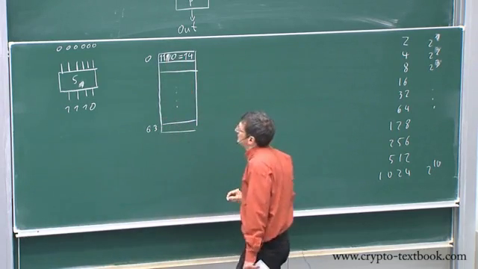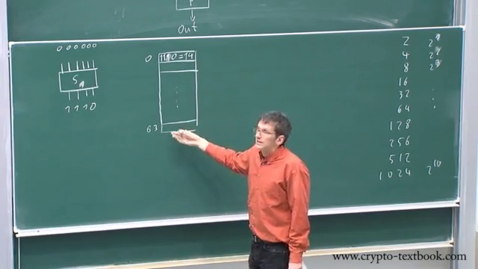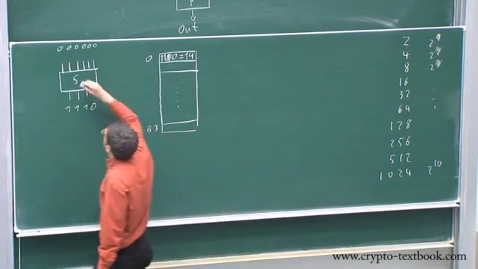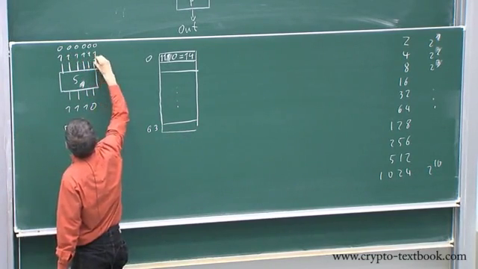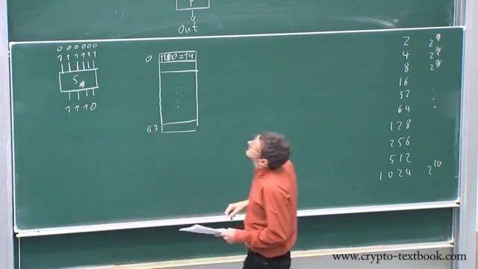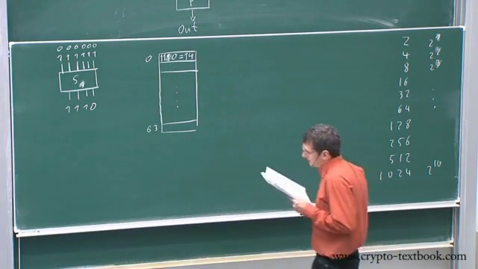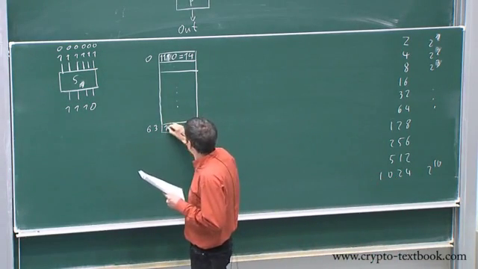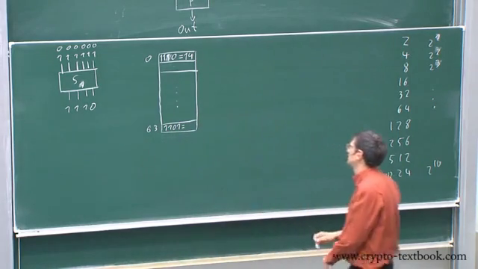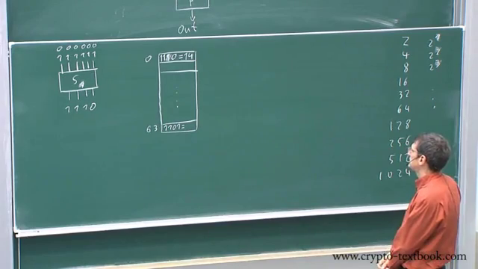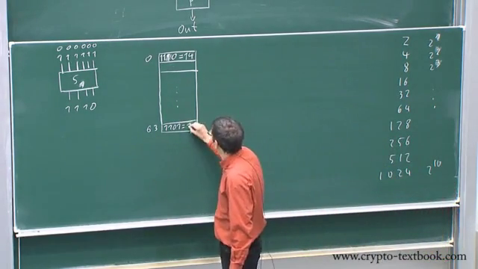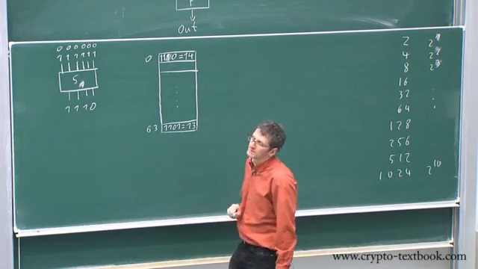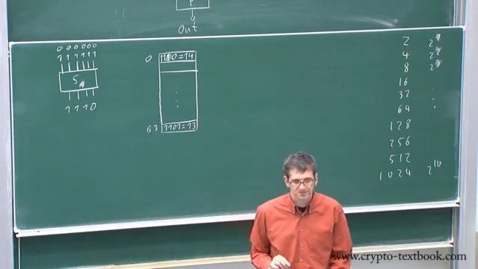So if your input happens to be 63, that means in binary 1, 1, 1, 1, 1, 1, your output becomes 1, 1, 0, 1, which in decimal is 8, 4, 12, 13. Yes, it's 13 in the decimal system.